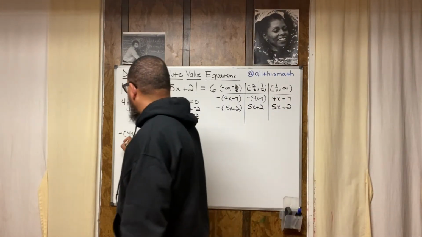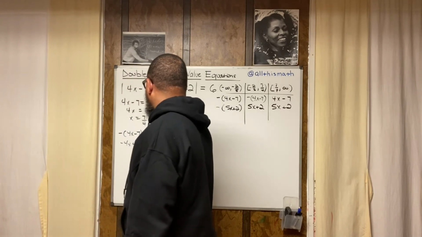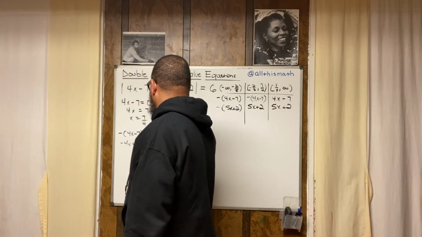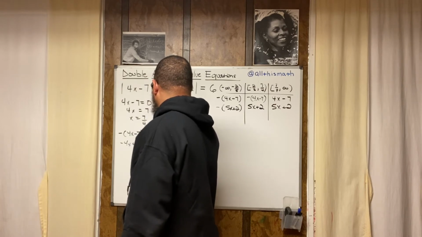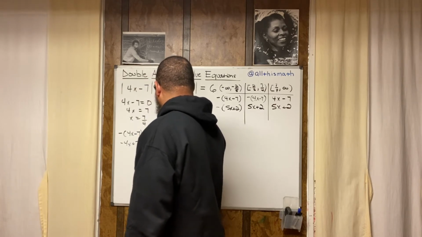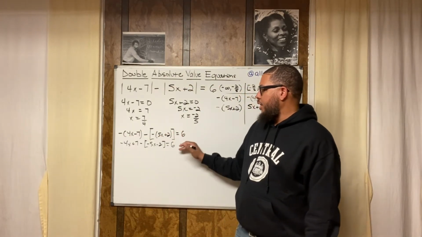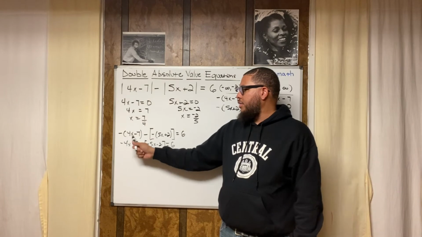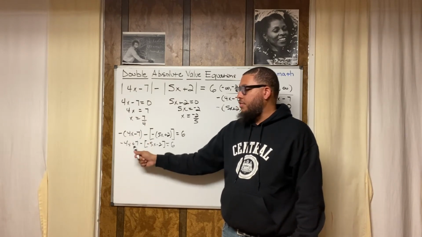So then I'm going to just distribute these negatives. This is going to become negative 4x plus 7. And this is going to become minus, let's see, negative 5x minus 2 is equal to 6. So look what I did. Look at the progression from here to here. This became negative 4x. This became positive 7, because negative 4x times negative 7 is plus 7.